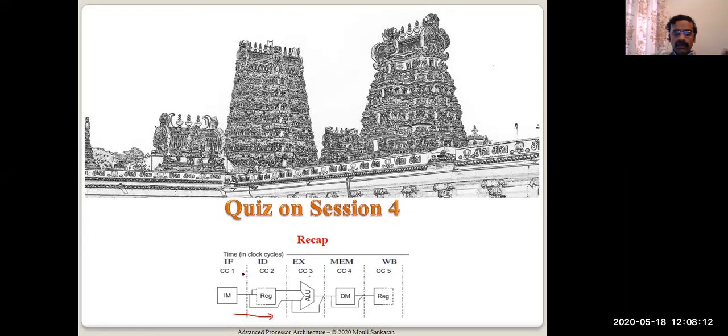Remember, while the first instruction that was fetched is here, a third instruction is getting fetched here. The second instruction is fetching its operands, whereas the first instruction is getting executed here. So imagine that different instructions are operated on by different stages during the same cycle.